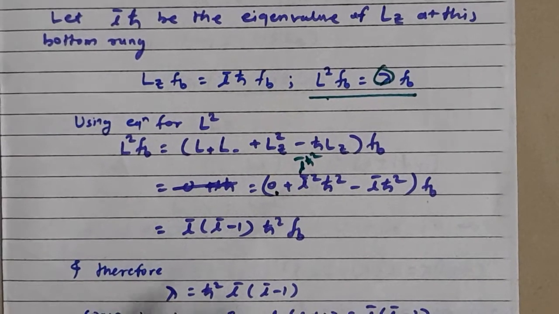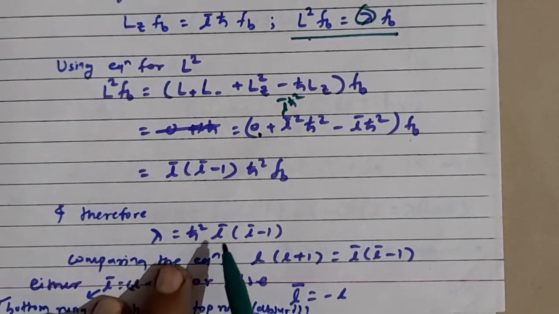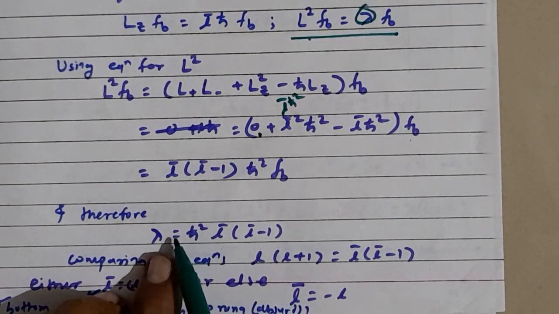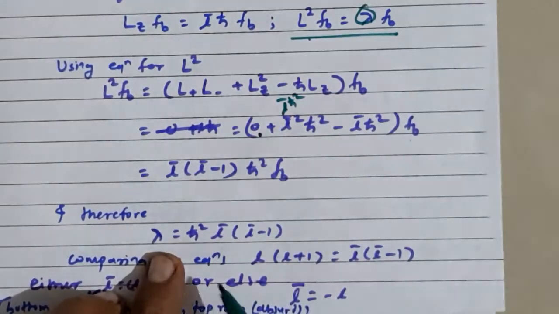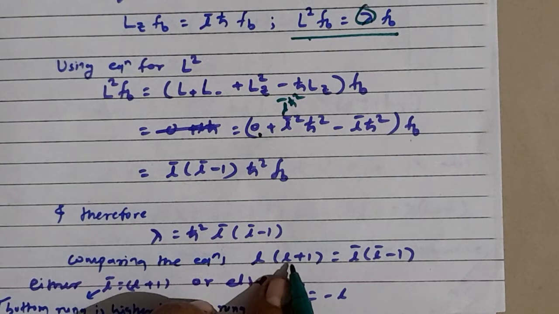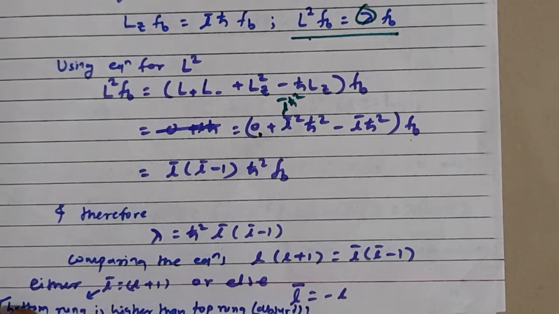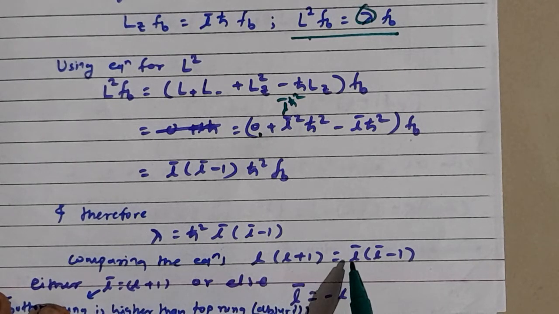If we compare these two equations for the eigenvalue lambda, because both are one and the same, we have L into (L plus 1) is equal to L bar into (L bar minus 1). L cannot be equal to L bar, or else L plus 1 cannot be equal to L bar minus 1.